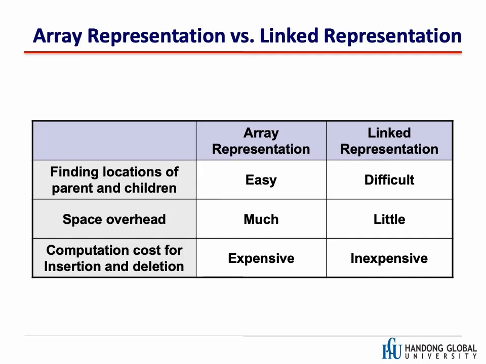Whenever we insert or delete, we have to adjust a few pointers, so computationally it is inexpensive. And as I said before, memory access is really expensive in computation, so we have to minimize the number of memory accesses as much as possible.